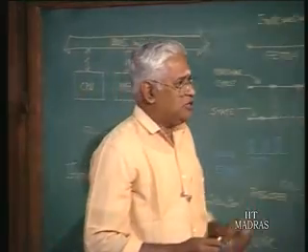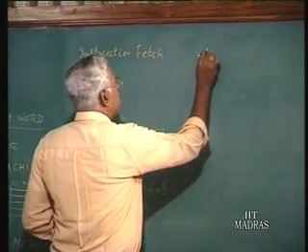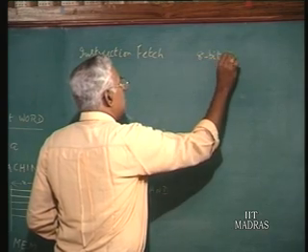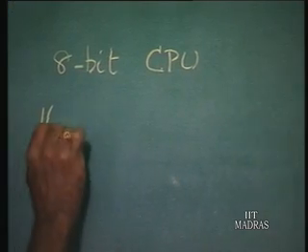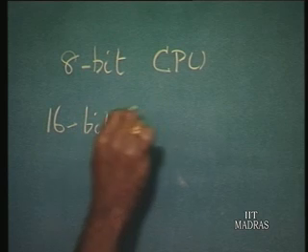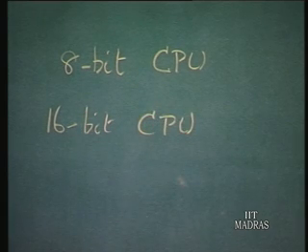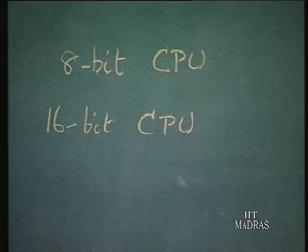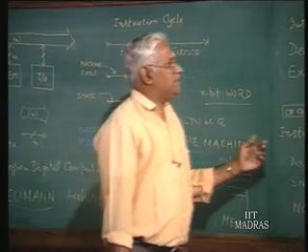Now I'll try to introduce a few things. Suppose we talk about an 8-bit CPU. Okay, that is bit standing for binary digit. Or when I talk about a 16-bit CPU. Okay, what is it I'm actually referring to? Then what about the memory? Again, memory also I have to talk about the width. I'll come to it a little later.